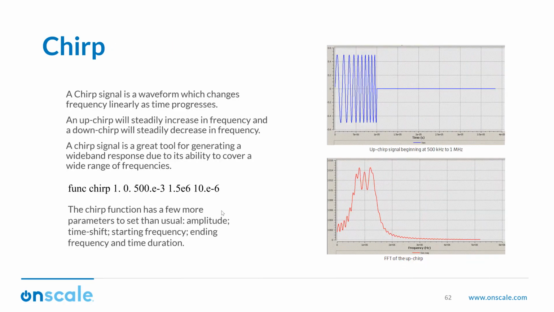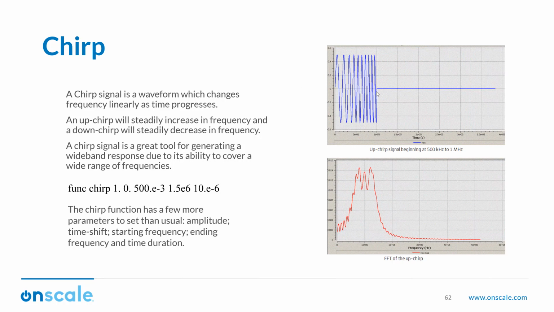Now let's talk about the chirp. The chirp signal is a waveform which changes frequency linearly as time progresses. It's used in sonar and systems like that because it basically compresses the time signals a lot, and it allows you to generate a wideband response to many frequencies in one signal only.